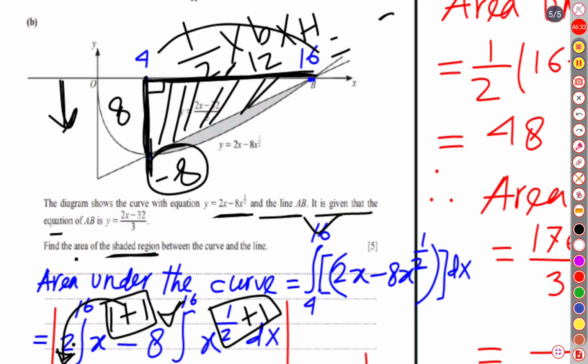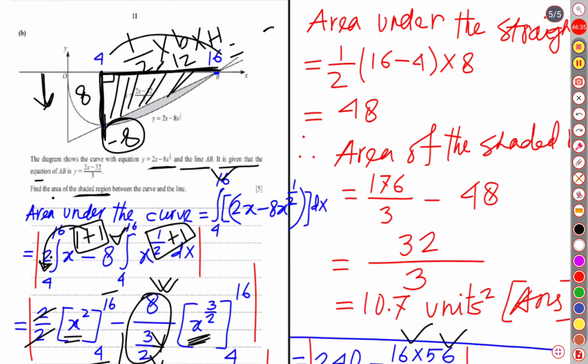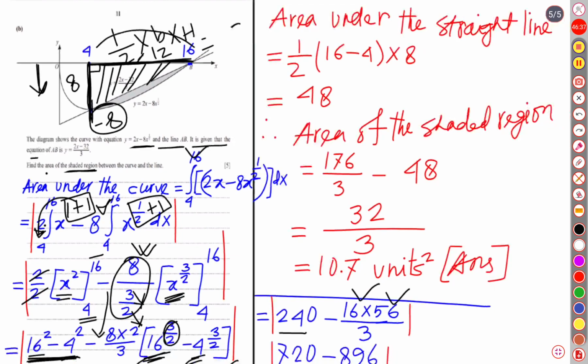I have written it over here. Let me show you. Area of the triangle is half into base into height. Height is 8. How did we come to know that this is 8? In the previous question, while finding the intersecting point, we found that for x it was 4 and the y coordinate was -8.